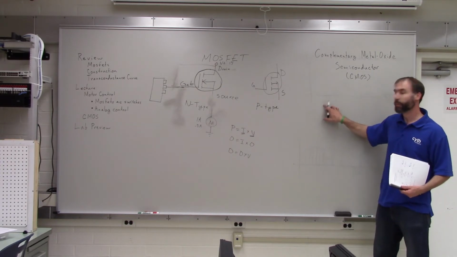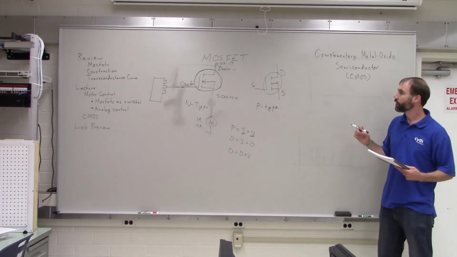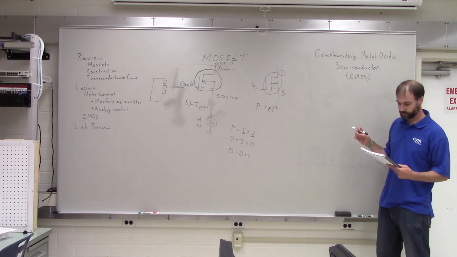So a CMOS device is a device that uses two MOSFETs together.